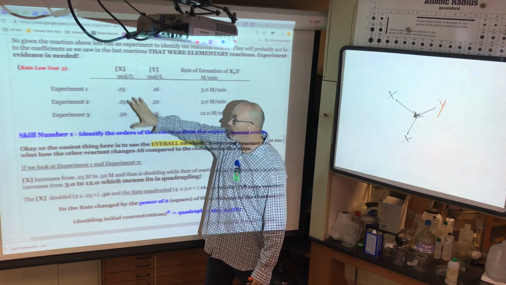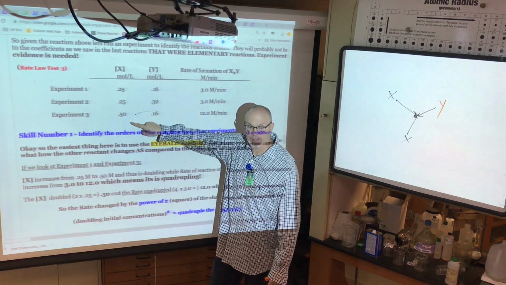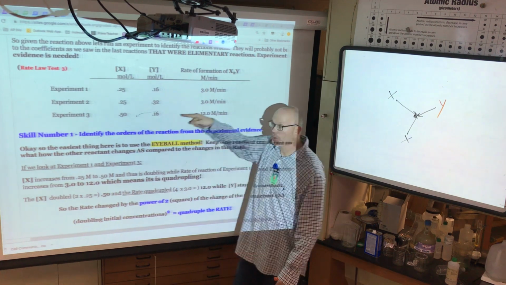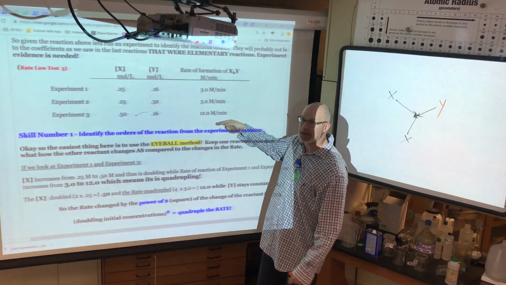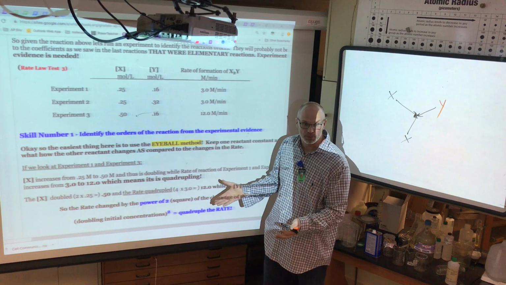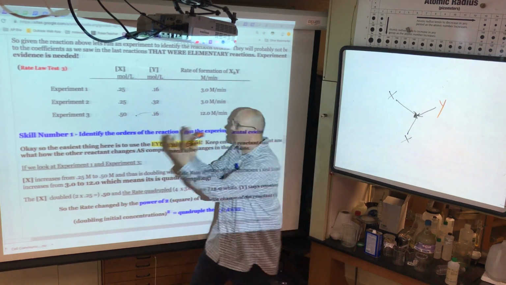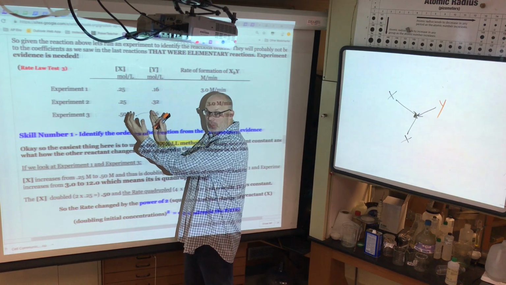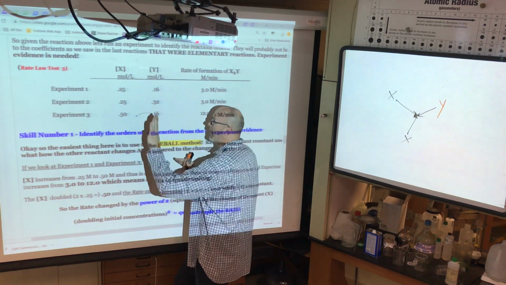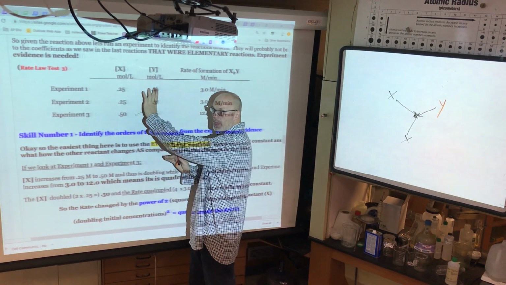Power of 2 here. What if this went up 3 times and the rate increased 9 times? You would still get a power of 2. So the rate changed by the square of the change of the initial concentration with respect to x only, keeping y constant.